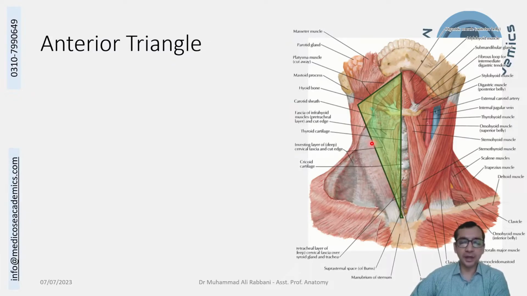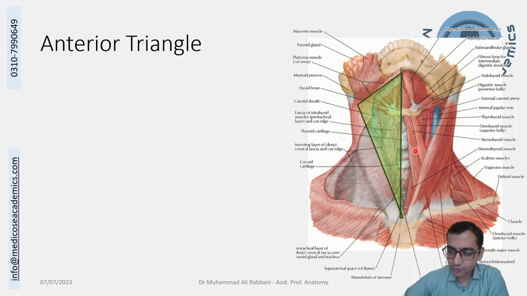Let us see how it is divided into four further triangles. Before going into that, identify the muscles that you did last day. This muscle is the digastric. This is the anterior belly. This is the posterior belly. Behind it, this is the mylohyoid muscle. This horizontally running bone is the hyoid bone.